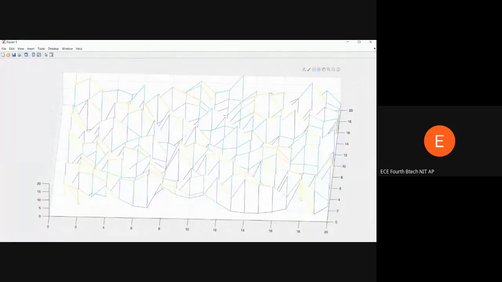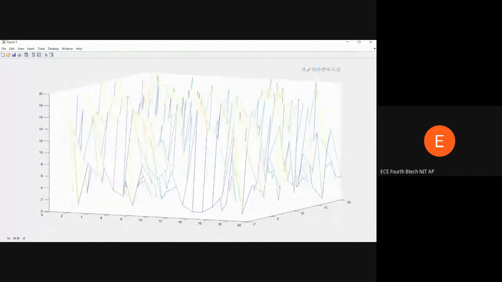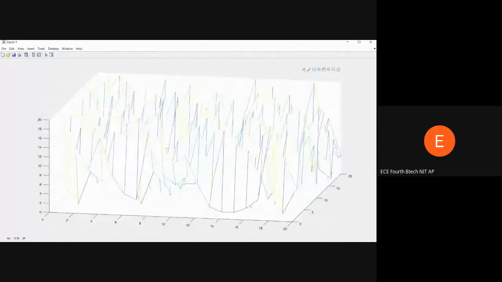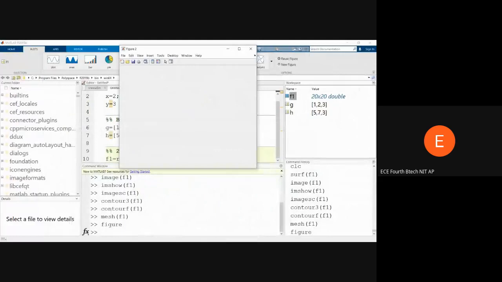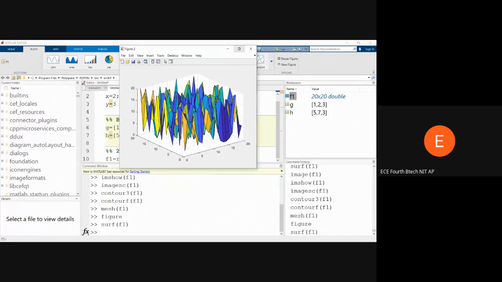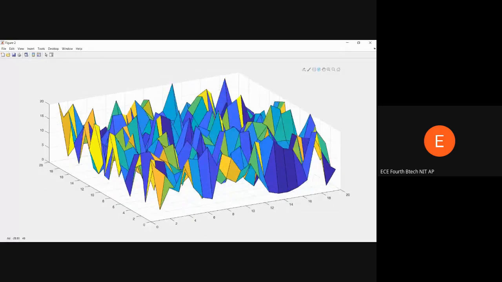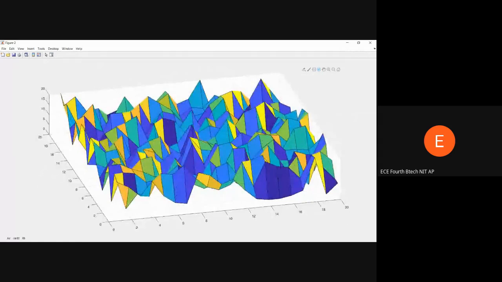This is by making use of the mesh. Now I just want to compare this with surf. So for that surf, I'm using this figure 2. Now I'll just use this F1 and go to surf. So now in figure 2, you have seen the surf, and you can see both are the same.